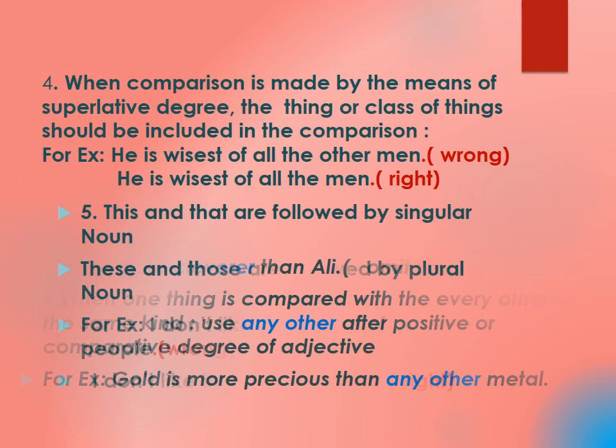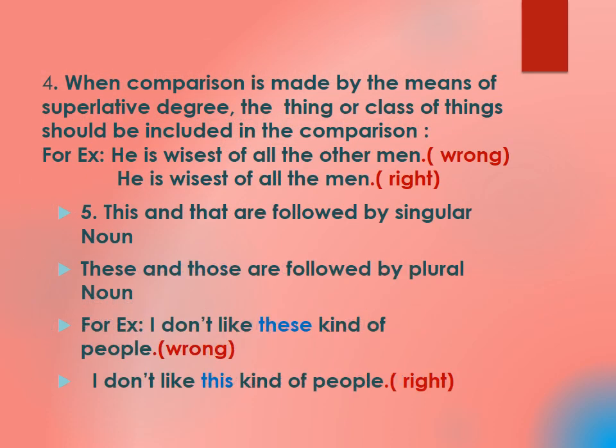But comparing with the superlative degree, meaning if the comparison is made by using the superlative degree, in that case that particular thing or class of things should be included in the comparison. Examples are in front of you. He is wisest of all the other men.